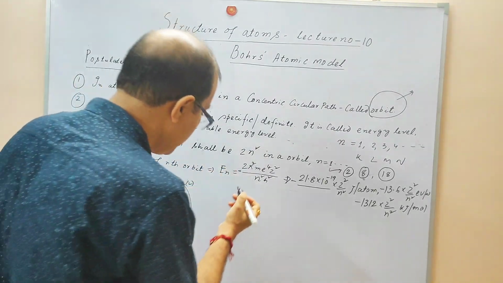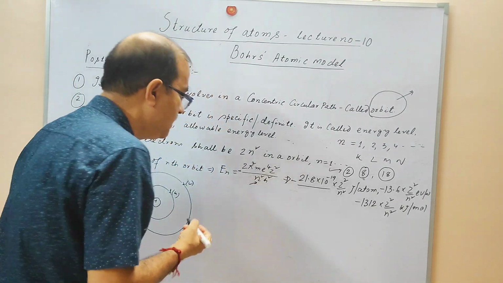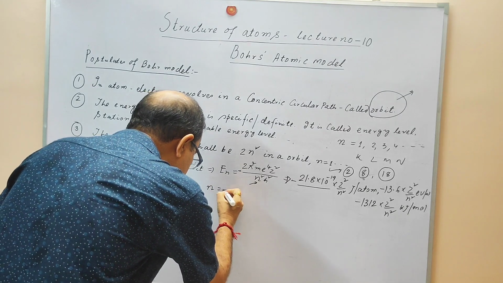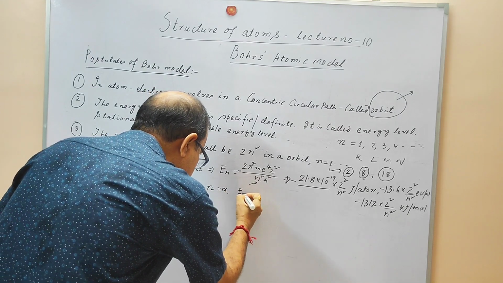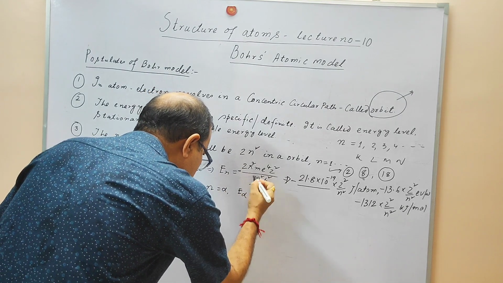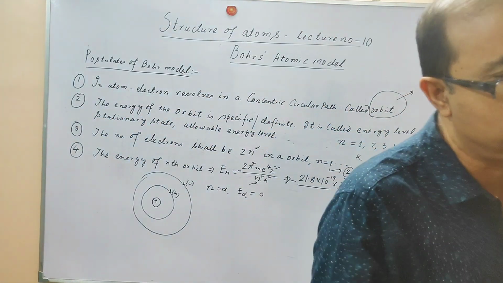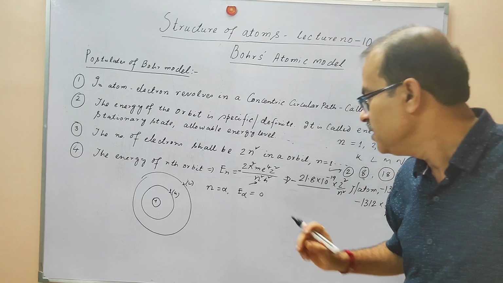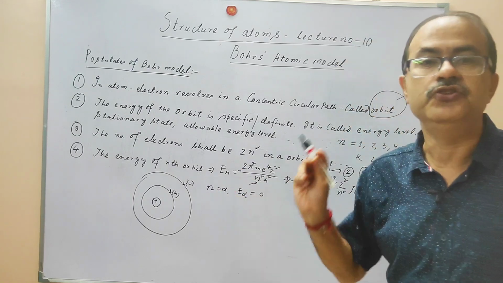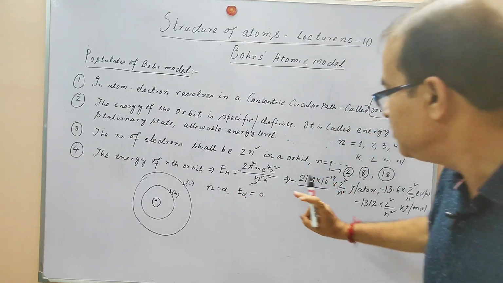By putting n equal to infinity, we get the energy of the electron at infinity, when there is no attractive force on this electron. So this will be 0.